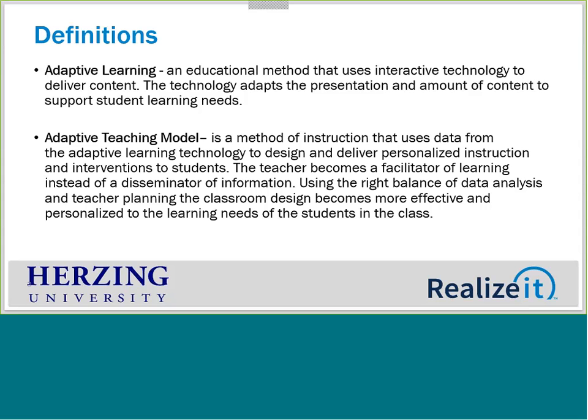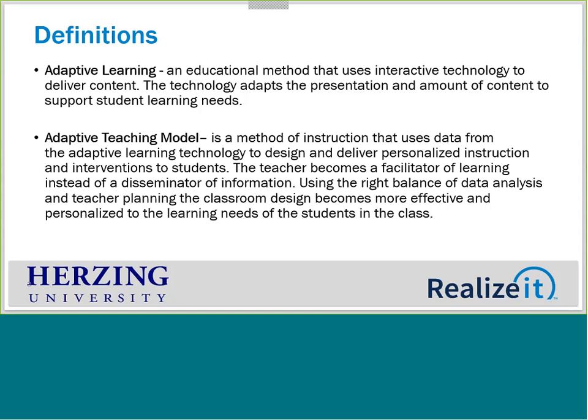Now the focus more of this conversation is the transition to the adaptive teaching model. And so adaptive teaching is the phrase that I like to use, and basically it's taking that data that we get from the adaptive learning system and then becoming a facilitator of learning for our students and using a balance of the data, because it's very easy to get death by data and become overwhelmed.